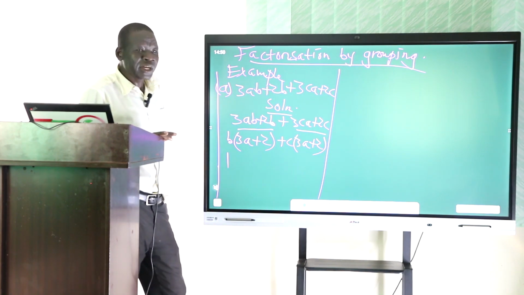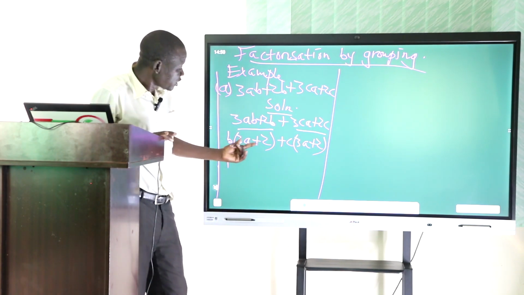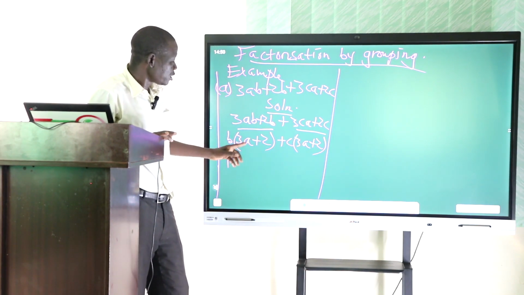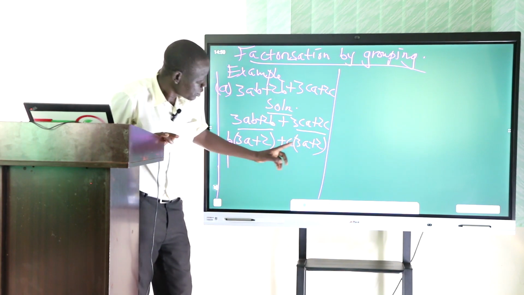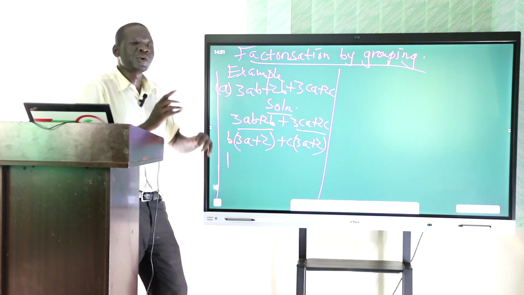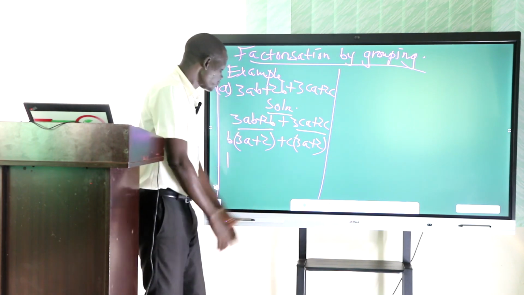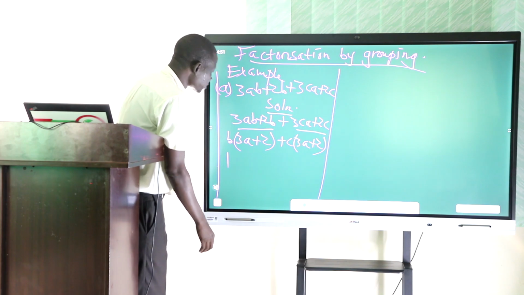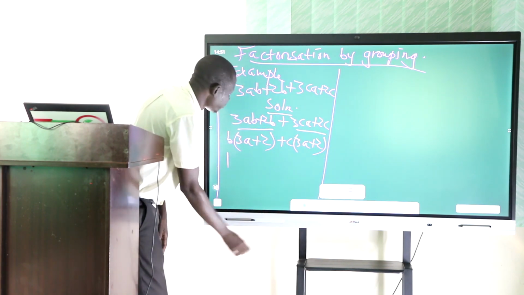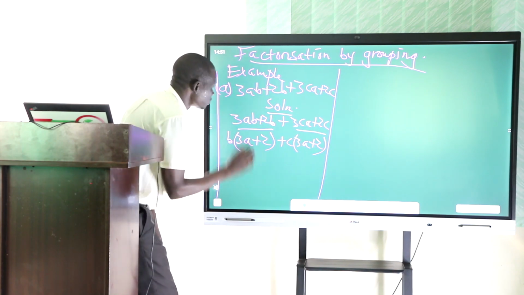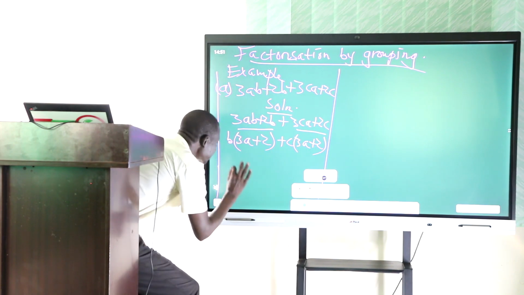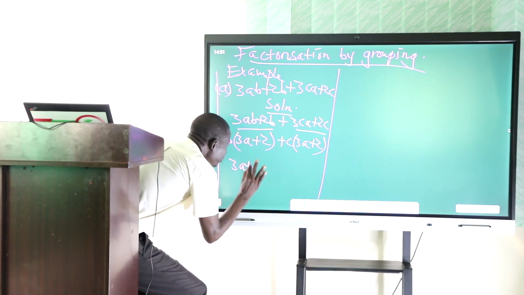Now, you can see that in our expression, inside the bracket, the expressions are the same. 3A plus 2, 3A plus 2. So since it's common, it means we continue to factorize further. To factorize further, we shall now have the 3A plus 2.